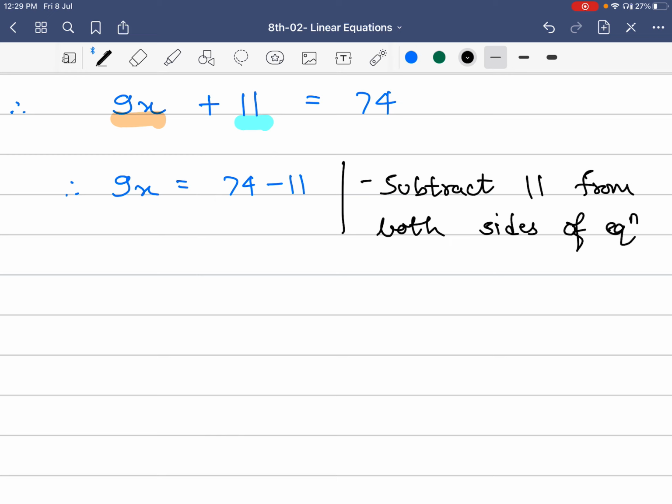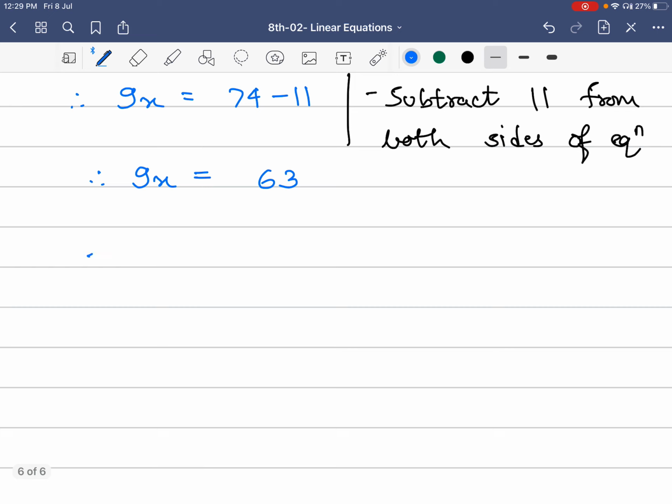This is the step that we are performing, and it's important to mention the description of what is happening. If we subtract 11 from the left hand side, 11 minus 11 will be 0, so it will disappear, and the right hand side will be 74 minus 11. Now let's perform the subtraction. Therefore 9x is equal to 63.